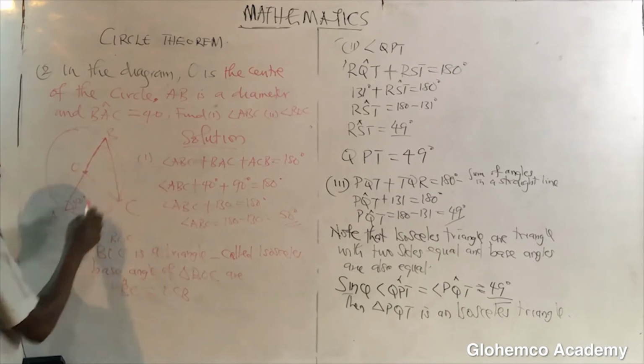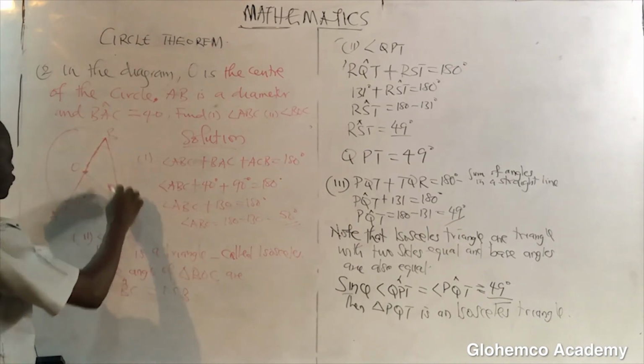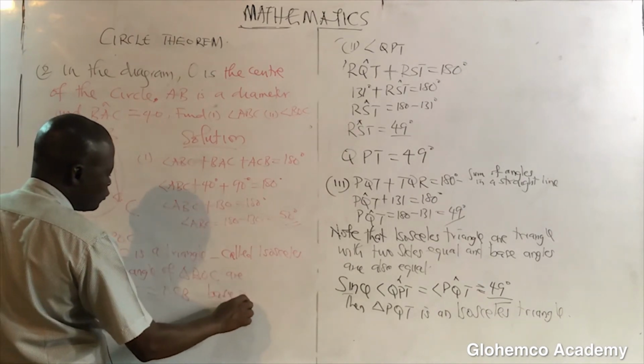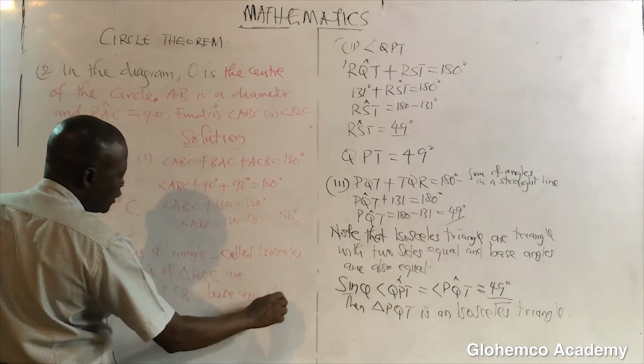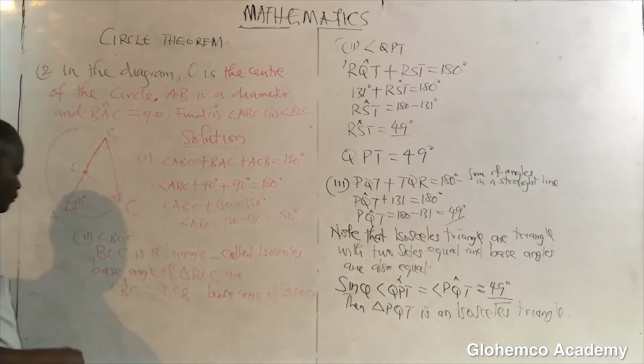OBC, this angle, must be equal to OCB, this angle, because the two of them form the base angles of the isosceles triangle.